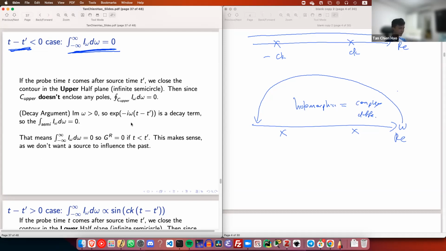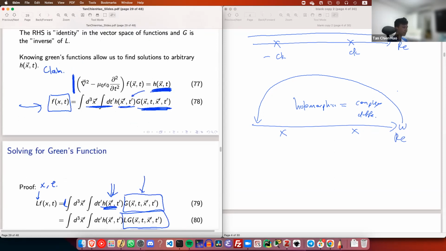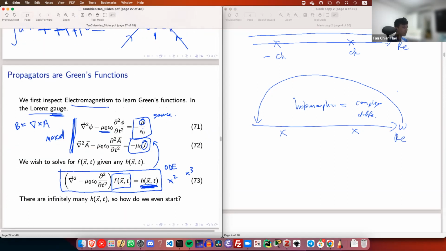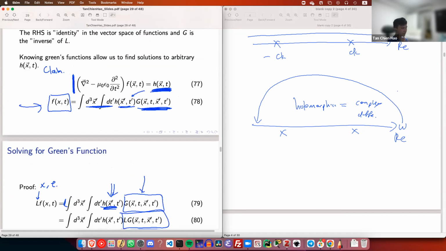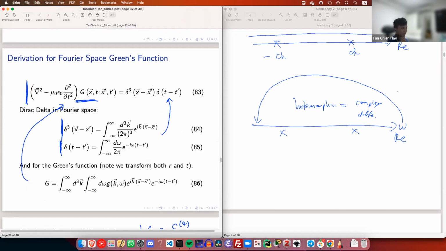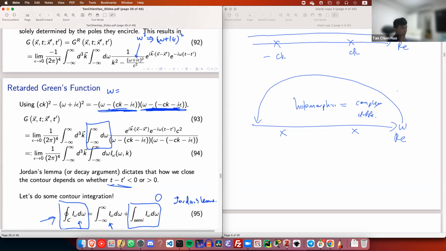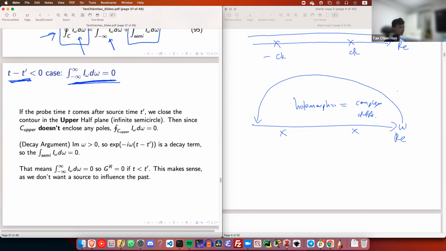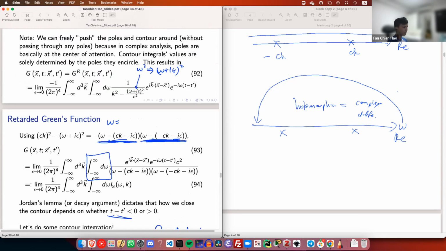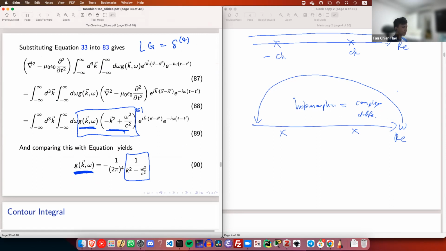And that actually makes sense, because what were t and t prime? If you go back to our definitions, t is the time. Let me see, t prime is the past.